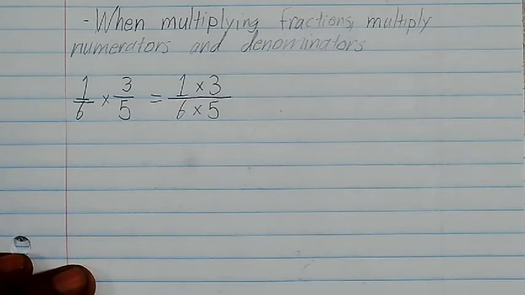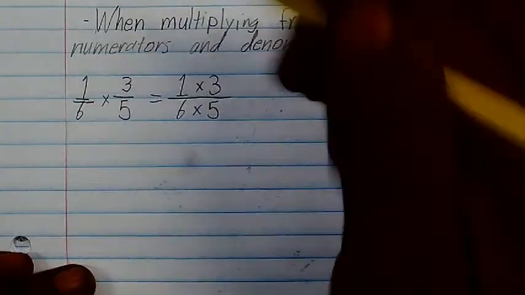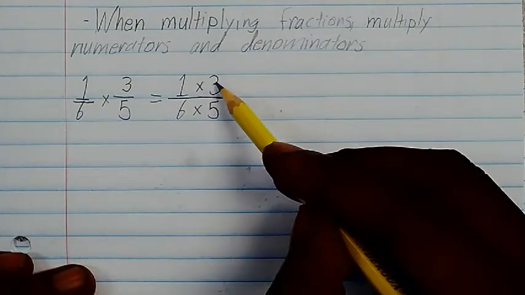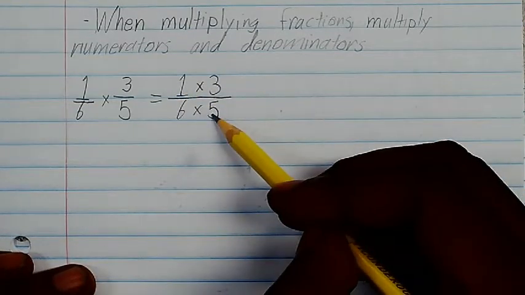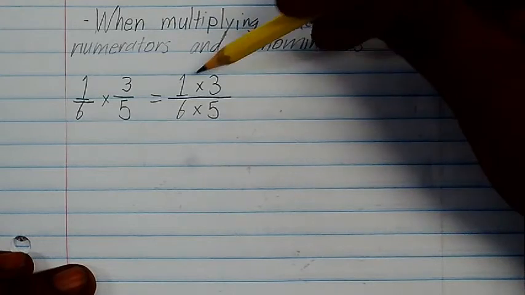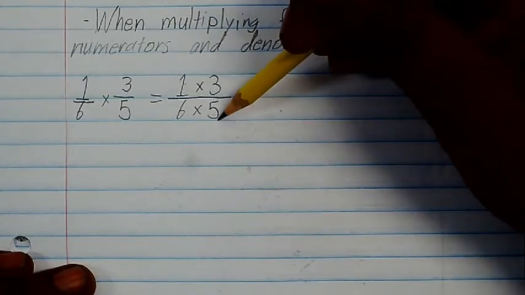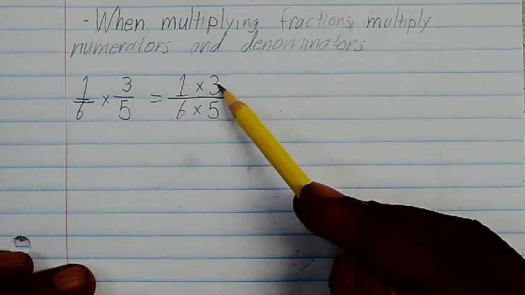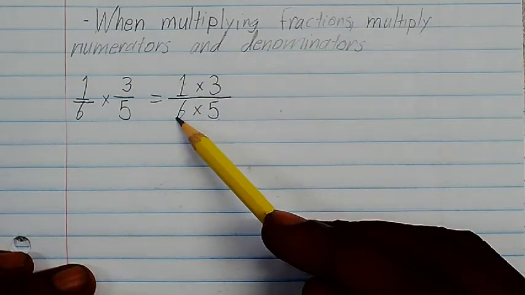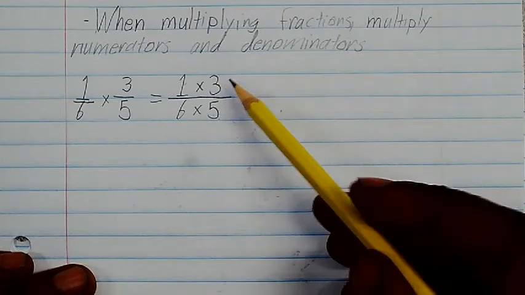Okay? Now we're going to simplify. We're going to simplify across, so we can simplify the numerator and the denominator, and the numerator and the denominator, okay? So of course, 1 and 5 are not factors of the same value that can be simplified, but 3 and 6 can be simplified because they are both multiples of 3.